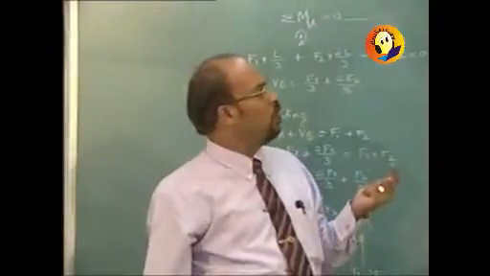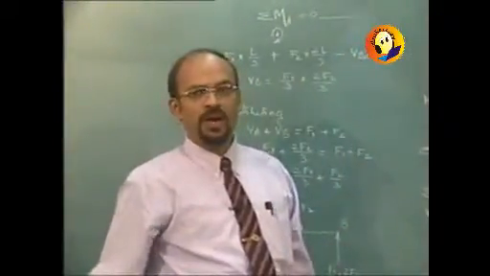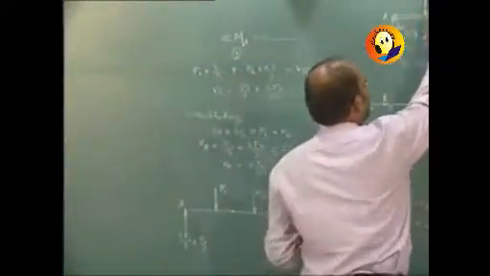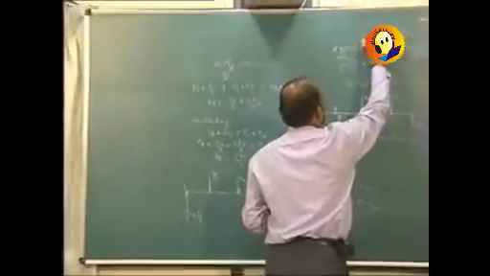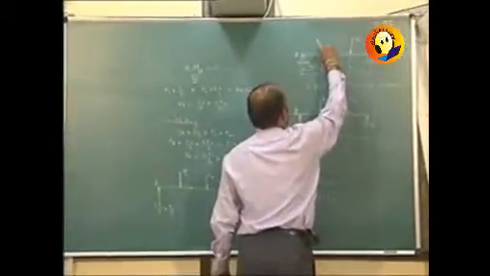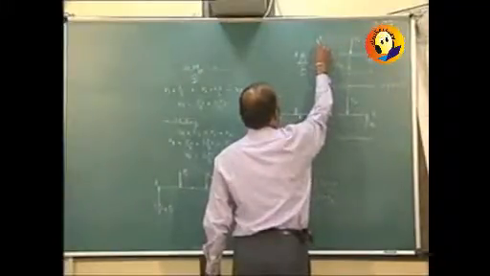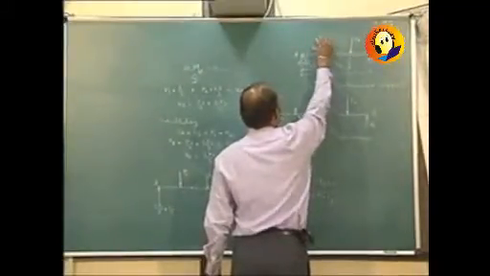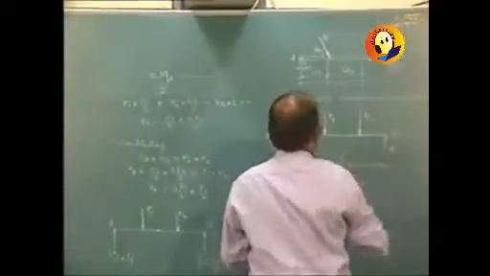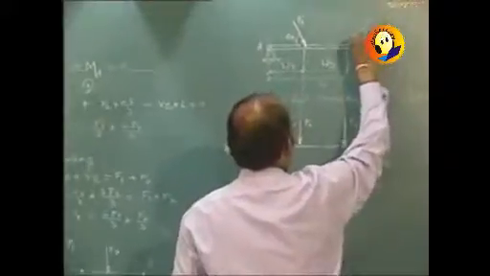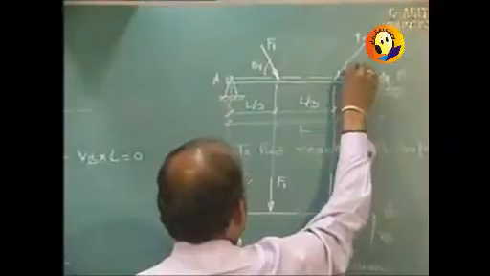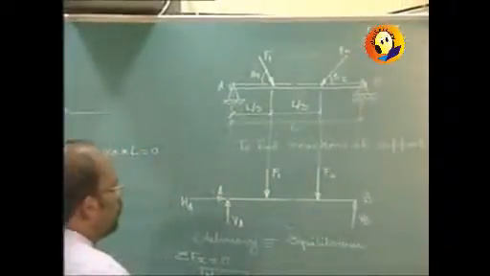But up till now, what we have dealt with were all vertical forces. Now let us consider that force F1 is making some angle, say theta 1, with the horizontal, and force F2 is also making some other angle, say theta 2, with the horizontal.